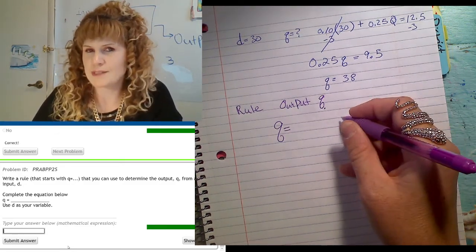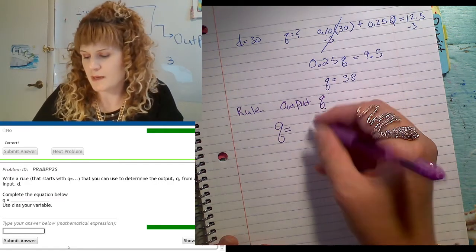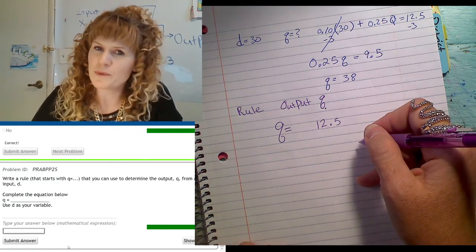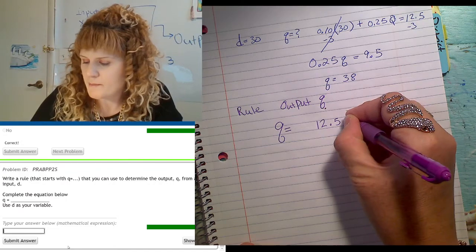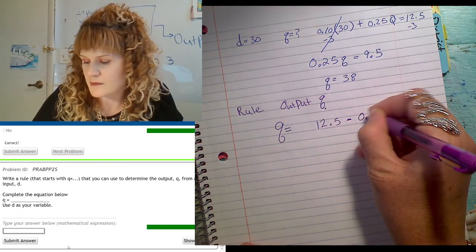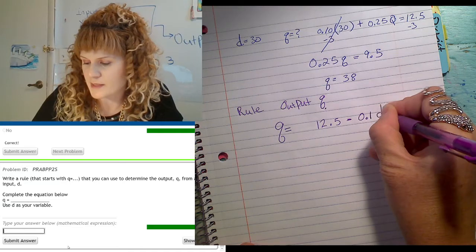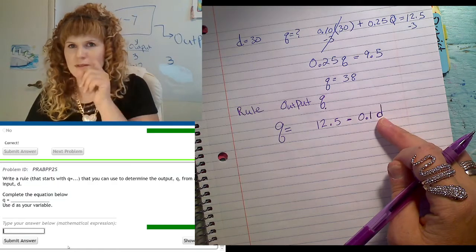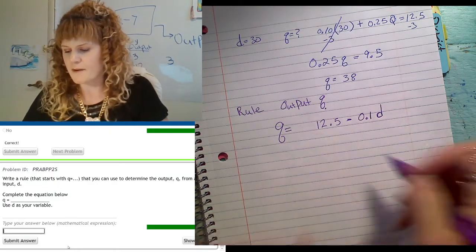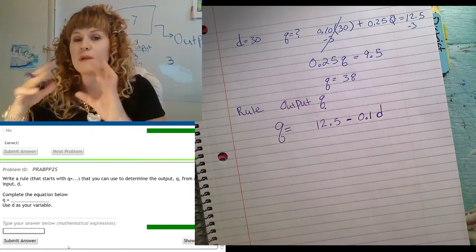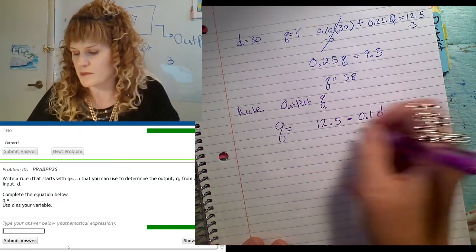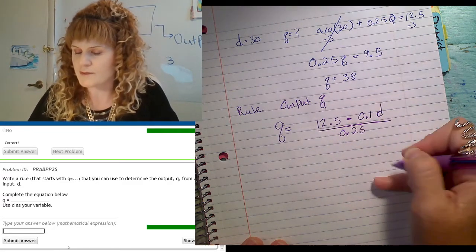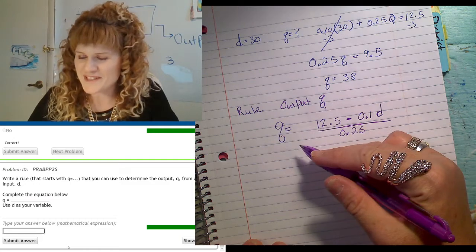Okay, well, I can actually do this in my head. Her total amount of money is $12.50. How much of that is in quarters? Well, that's going to be minus the amount that is in dimes, which is 10 cents times the number of dimes. So 10 cents times the number of dimes is the value of her dimes. If you subtract that from the total amount, then the remaining amount must be in quarters. So divide the remaining amount by 0.25 to get the number of quarters.